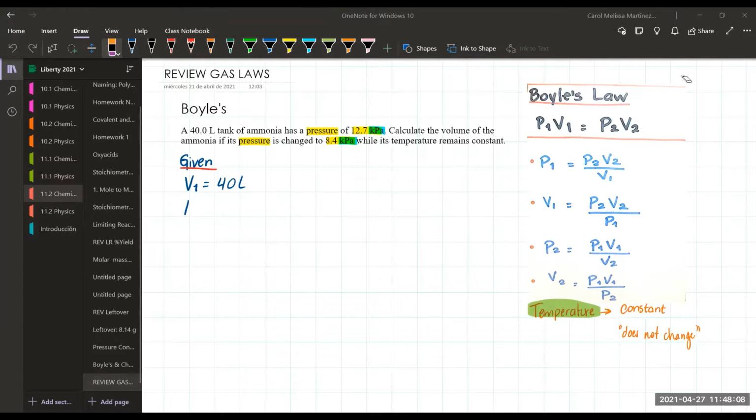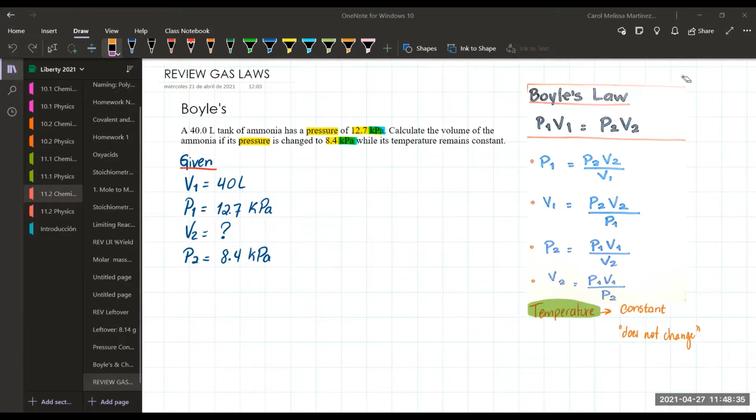Then we have an initial pressure of 12.7 kilopascals. It says calculate the volume, so I need to find the final volume, because my pressure changed to 8.4 kilopascals. So this is going to be my final pressure, 8.4 kilopascals.